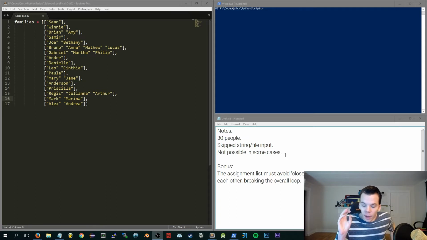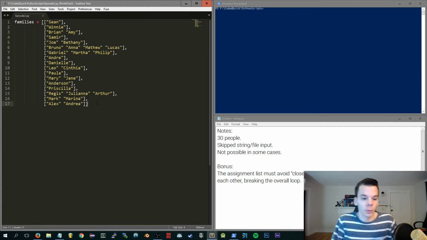So the example input they gave is given here. Now, it was, as I said, a text file or just a block of text, a multi-line string that was broken up in such a way. I'm skipping the part where we parse it, where I split it at the new lines and into the families.